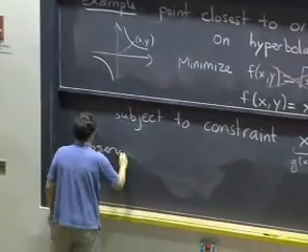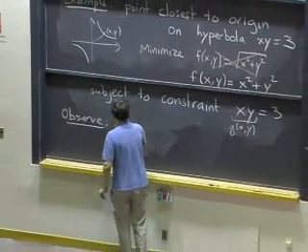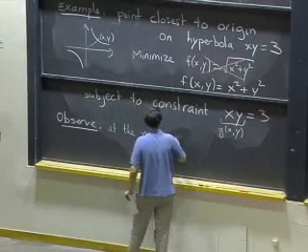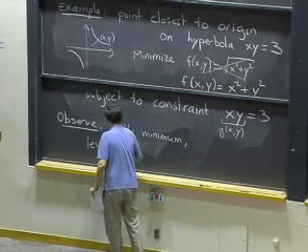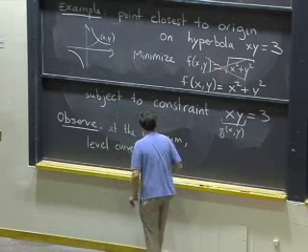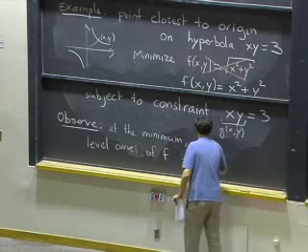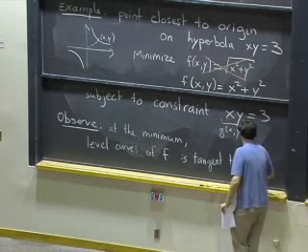Okay, so let's write that down. We observe that at the minimum, the level curve of f is tangent to the hyperbola.